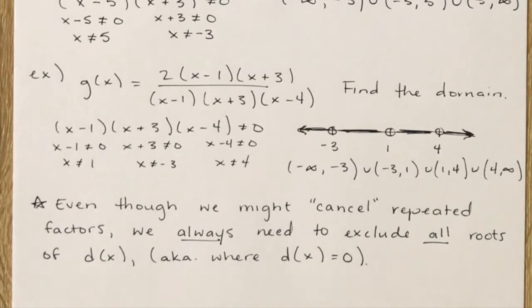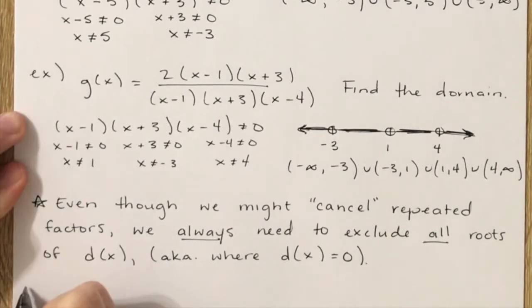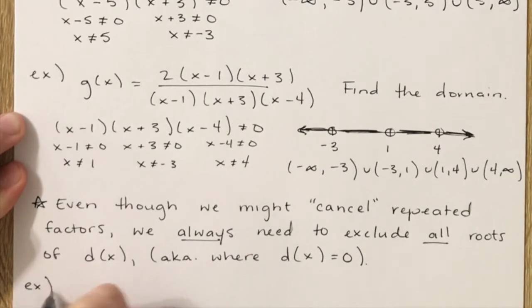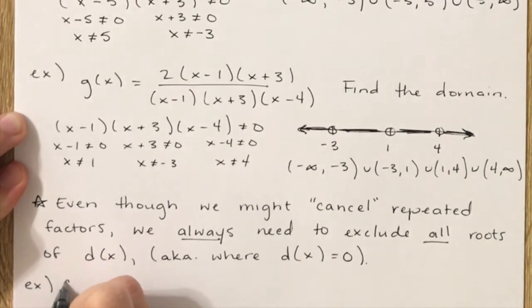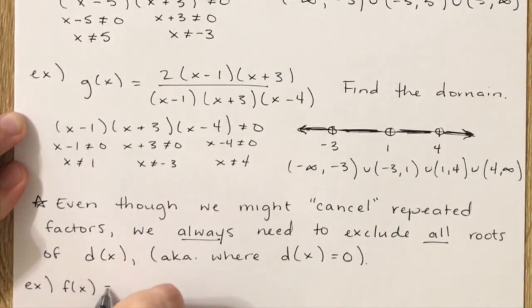So why did we exclude those from the domain? Well, let's recall our visual representation of what we've been doing here. Let's do that by looking at our simplest rational function.